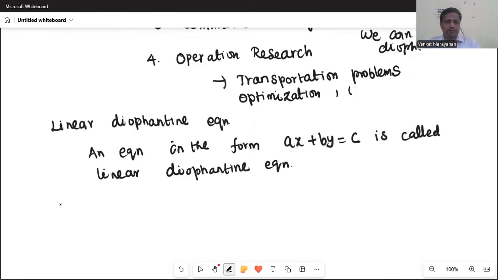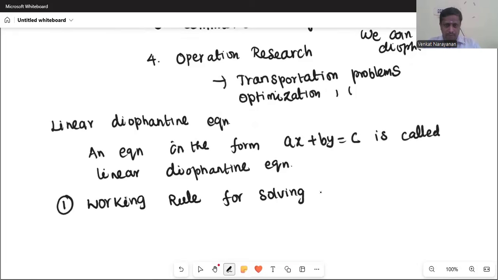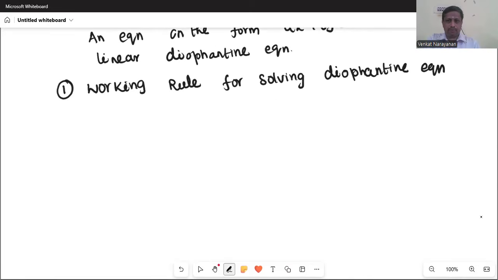For solving linear Diophantine equations, we have some steps. The working rule: first, identify the elements a, b, and c.